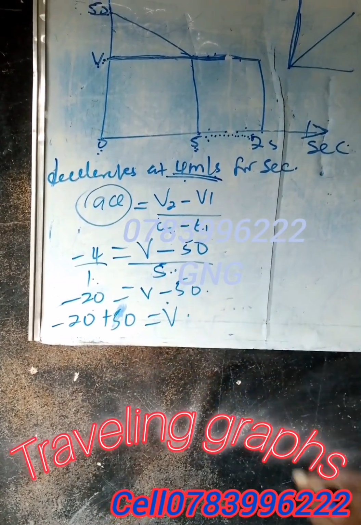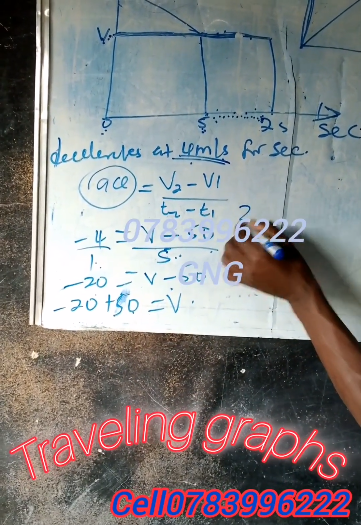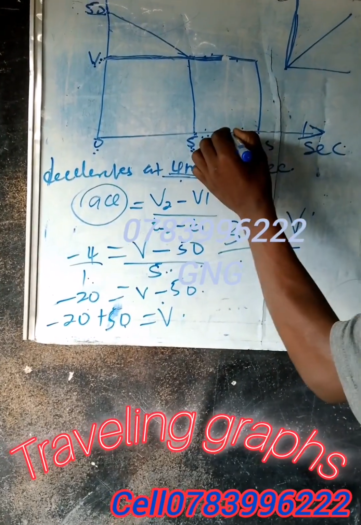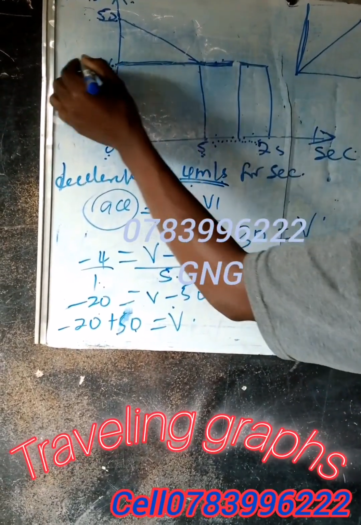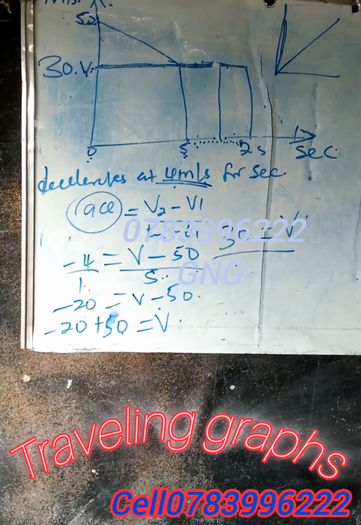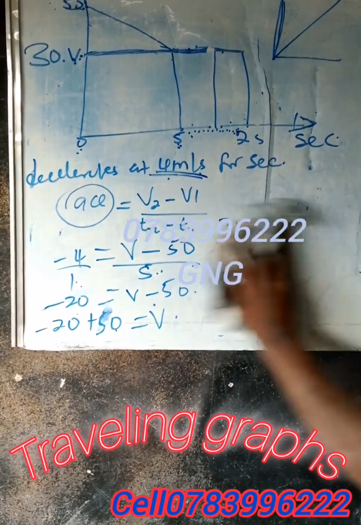Minus 20 plus 50 gives 30, equals V. So the value of V, the velocity at 10 seconds, will be 30 meters per second. This is the answer. That's how we get it.